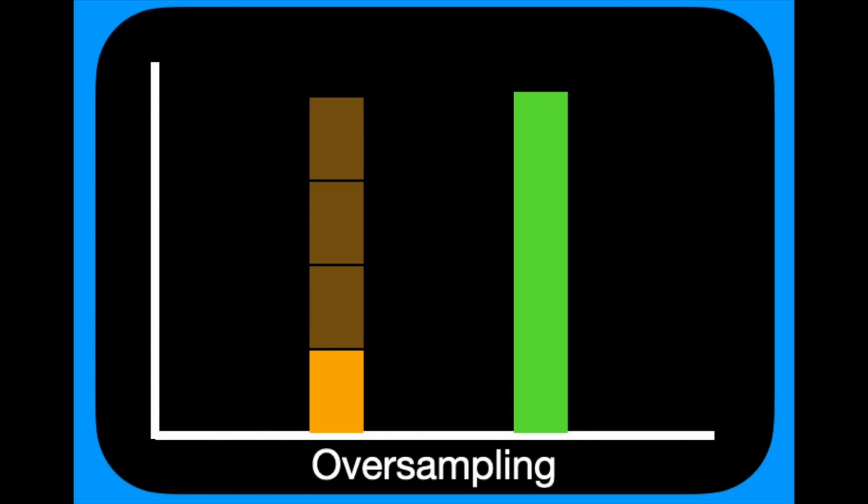And this just shows or represents the samples that we have drawn with replacement from the minority class up until we have an equal number of samples for that minority class as we have for the majority. So that's all we're doing. Then we have an equal number of samples in total for both classes.